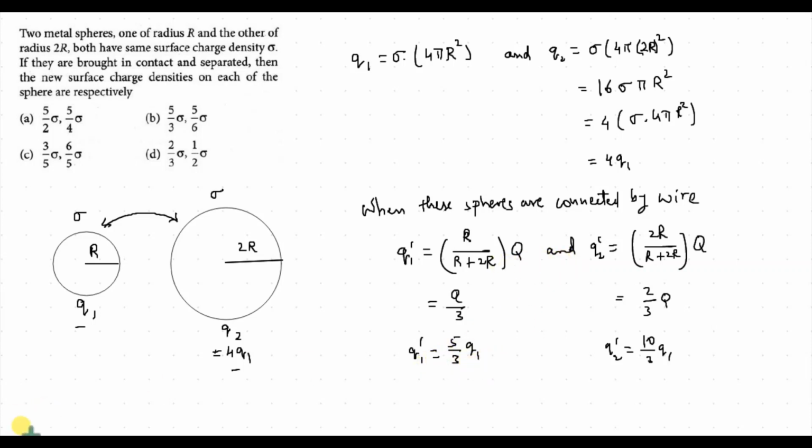Now let us proceed further, because we want to calculate the surface charge density of each sphere after this connection. So how to find the surface charge density? That is q dash upon area. Let us write it down for the first sphere.